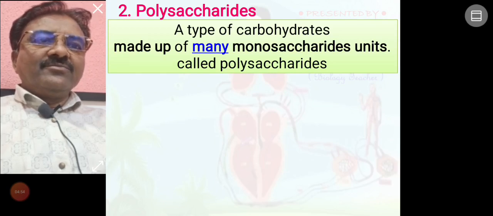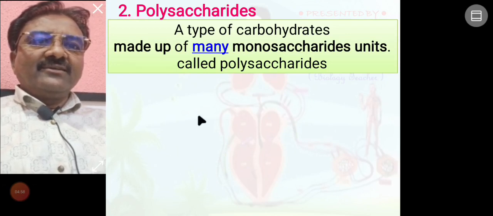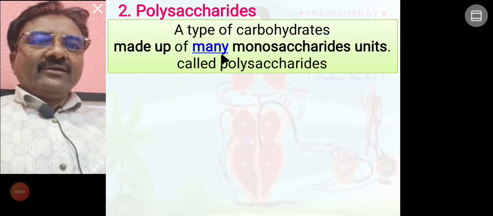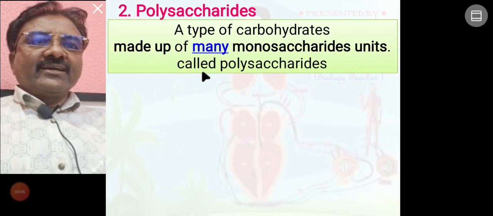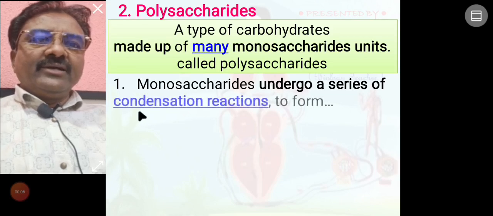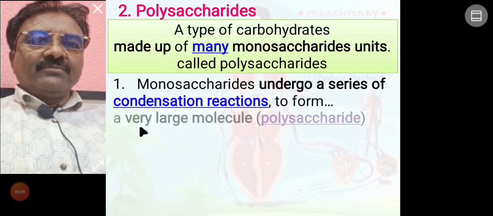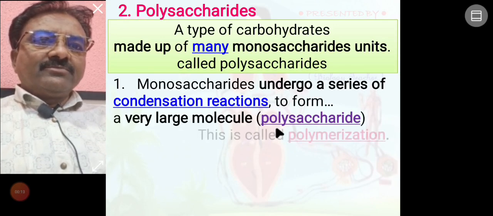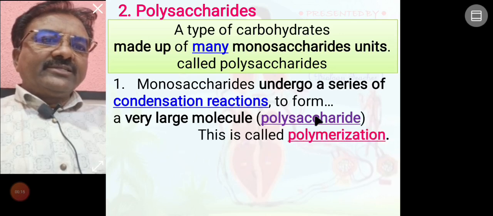In a disaccharide, two monosaccharide units are combined. Many monosaccharide units make up a polysaccharide. Monosaccharides undergo a series of condensation reactions to form a very large molecule, a polysaccharide. Such a process is called polymerization.